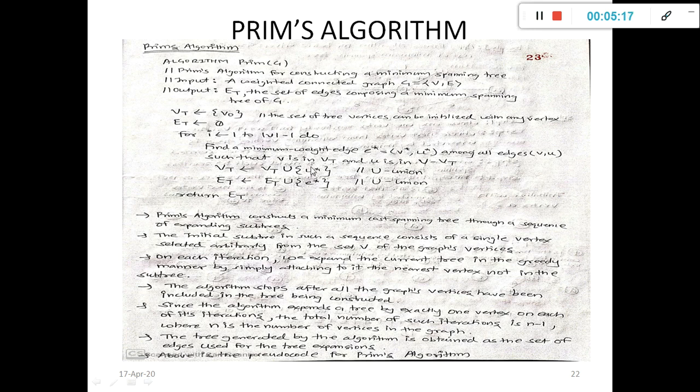Then that smallest connected vertex is connected to the already selected vertex, and the smallest edge will be included in the set of edges as shown here. The smallest vertex is connected to the already selected vertices, and the smallest distance edge will be included in the set of edges.